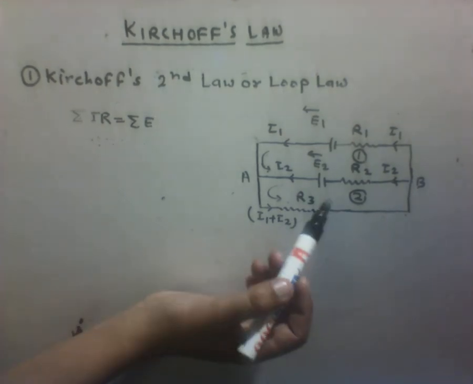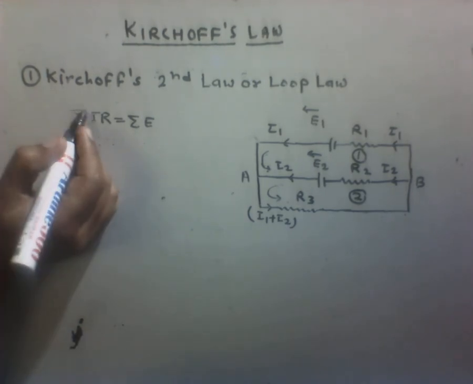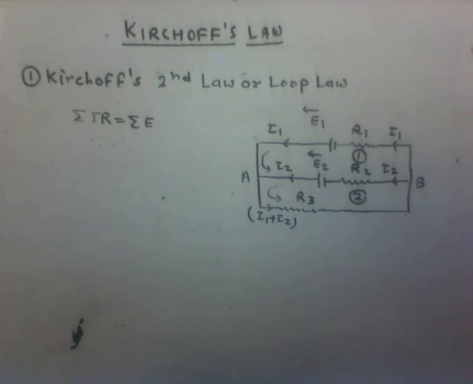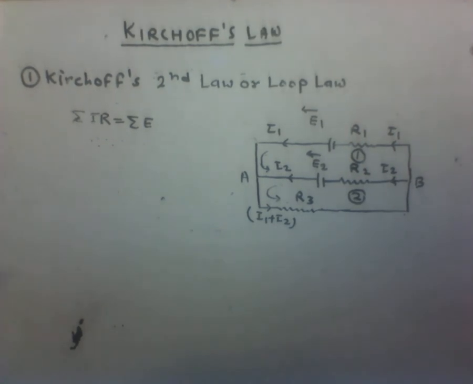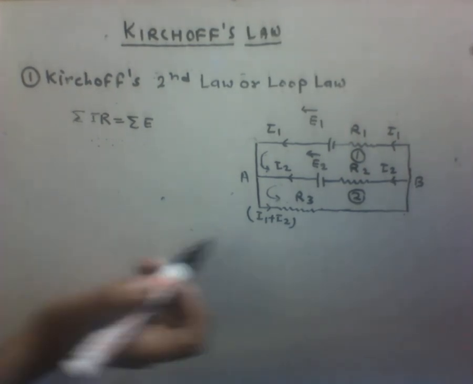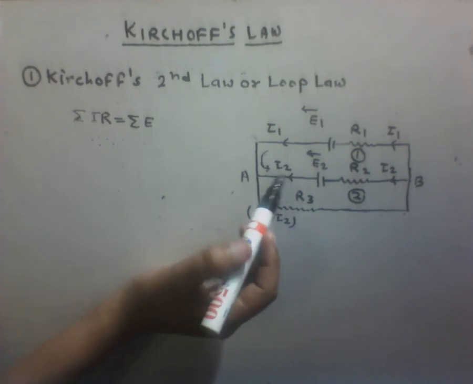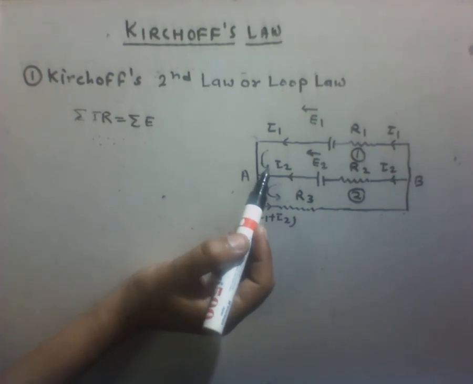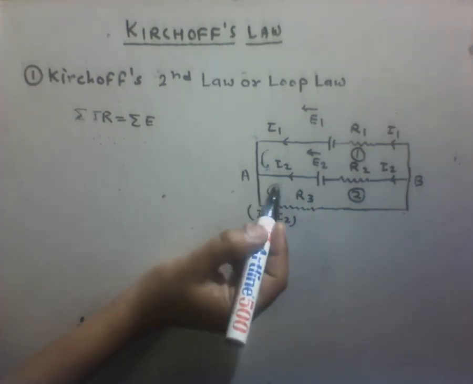Here in the figure I have made a diagram in which we will apply Kirchhoff's law to calculate the current. In the first loop the direction is this, and for the second loop we will go in this direction.